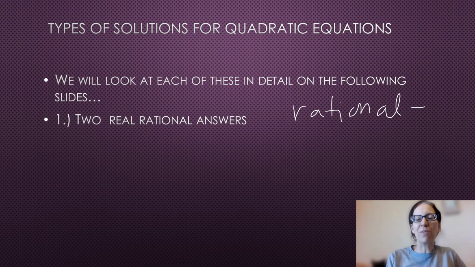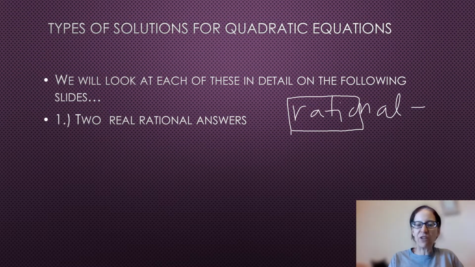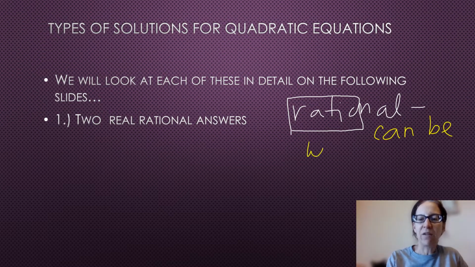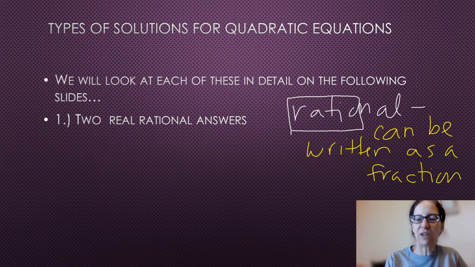In the word rational, you'll see the word ratio, which might help you. A ratio is a fraction. A rational number is a number that can be written as a fraction. It doesn't mean it has to be written as a fraction, just that it could be.